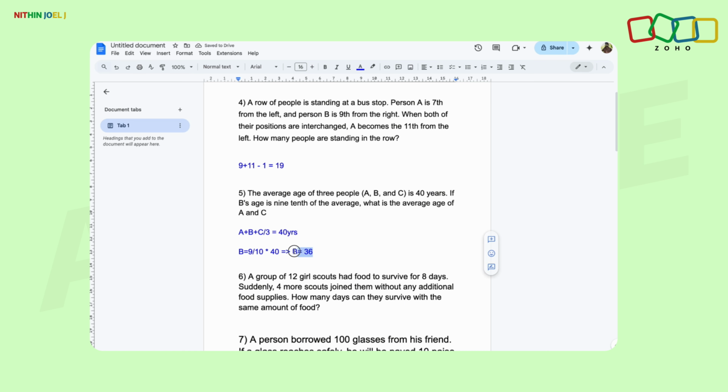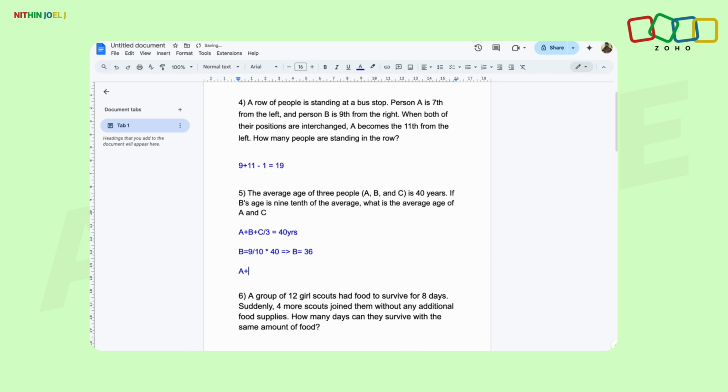Now we have to substitute B's value into this equation. So A plus 36 plus C, which is equal to, when this 3 goes to the right hand side, it becomes multiplication, and we just multiply it by 40, which is 120.